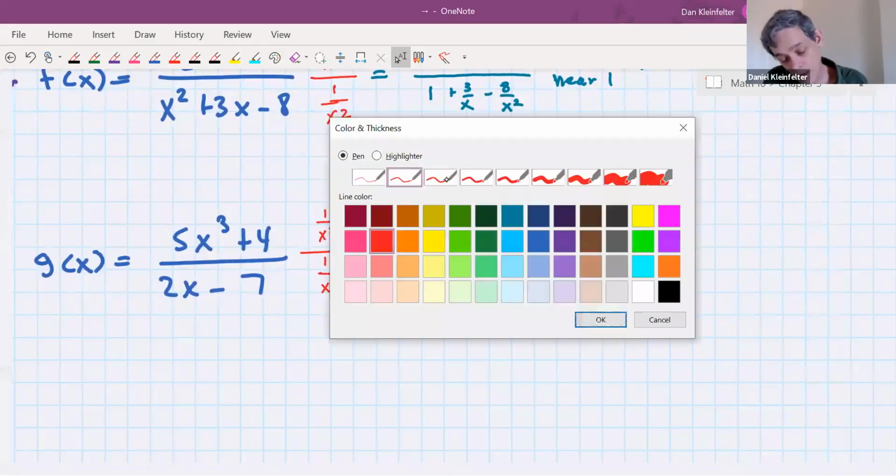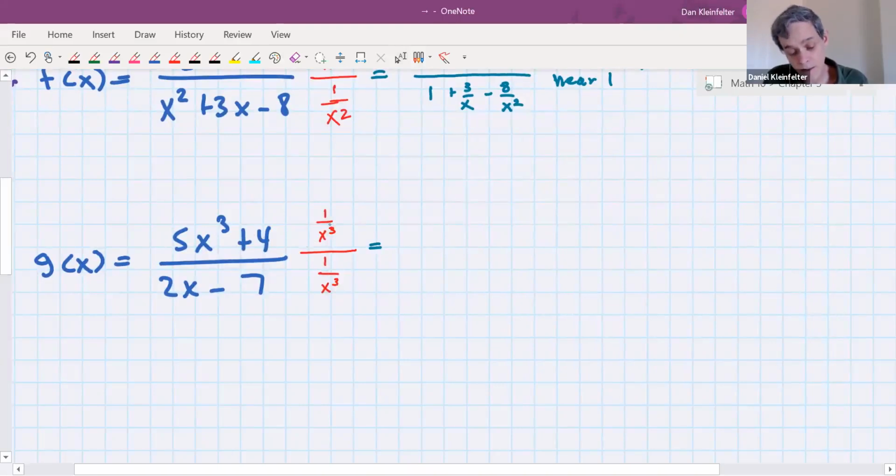Okay, so then once again, let's distribute. 5x cubed times 1 over x cubed will be 5. And then we'll have plus 4 over x cubed. Okay, down below, we have 2x times 1 over x cubed. That will be 2 over x squared minus 7 over x cubed.